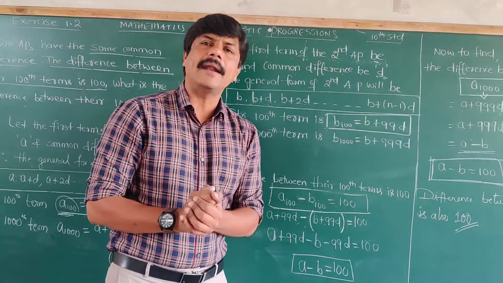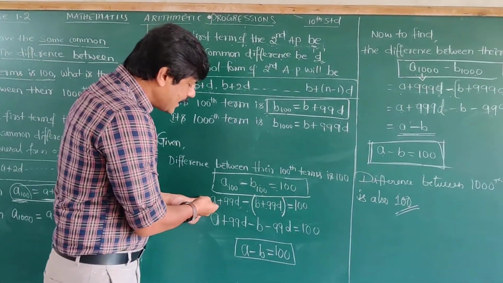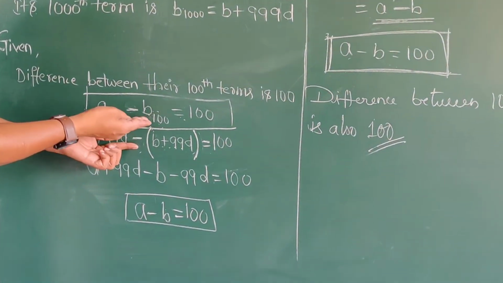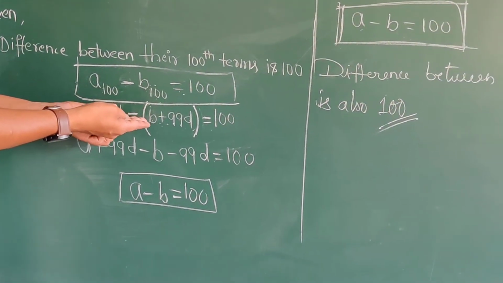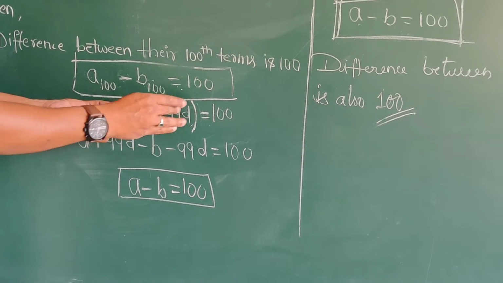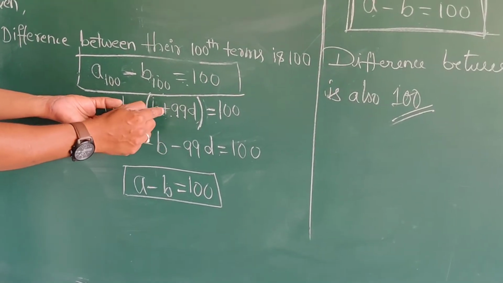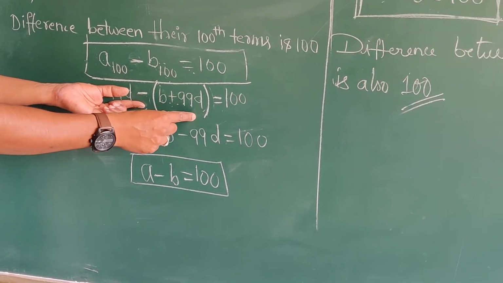You know that A100 is nothing but A plus 99D, minus B100, which is B plus 99D. Maintain the bracket because there are two terms here. Therefore, B plus 99D is within the bracket.